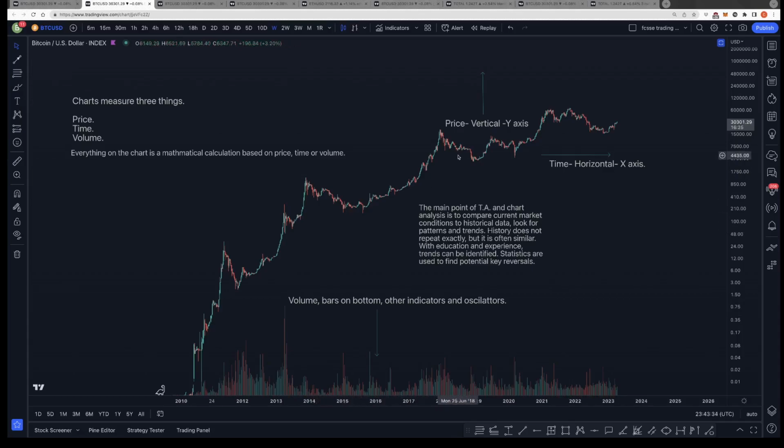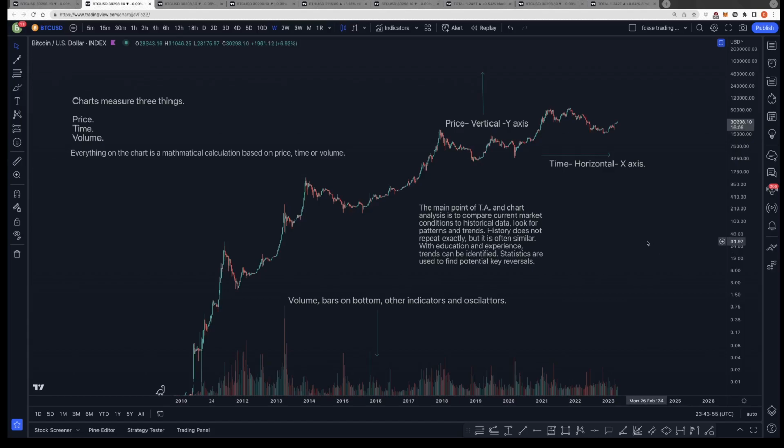There's some other things that can go on the charts, like these little notes I put on here, but that's not exactly what we're talking about. Essentially, we're measuring price action and volume, and those three things are the main component to markets and what's happening.